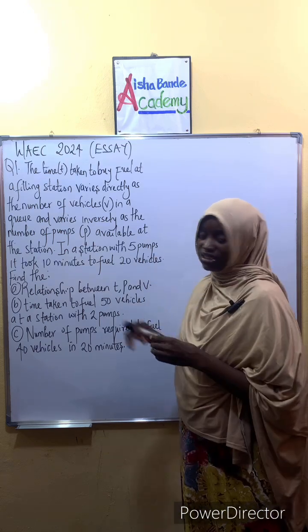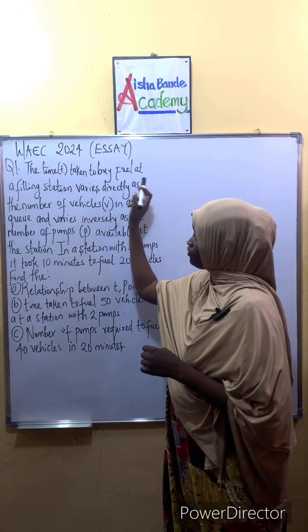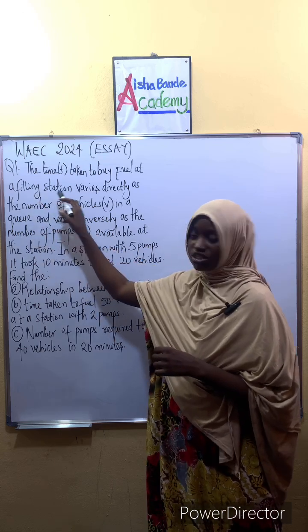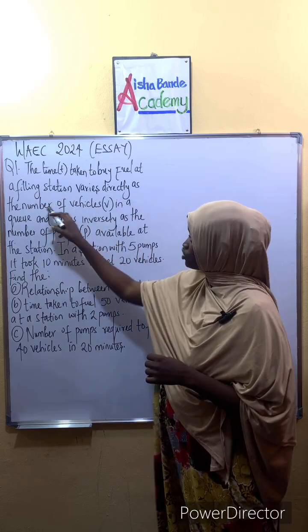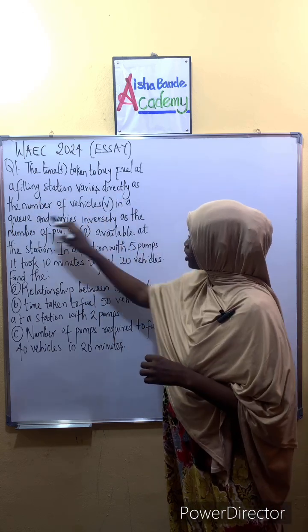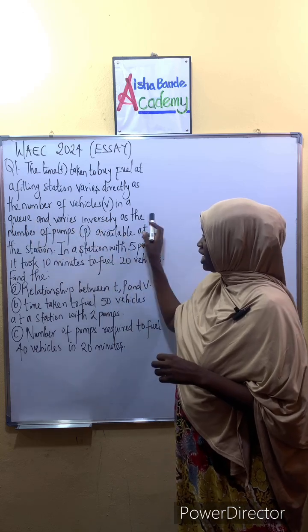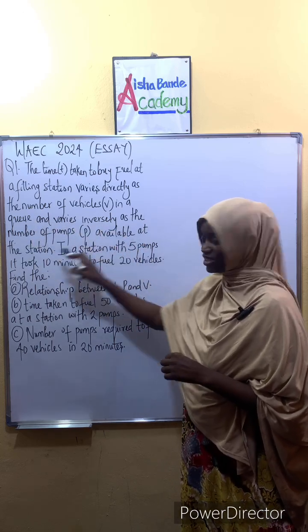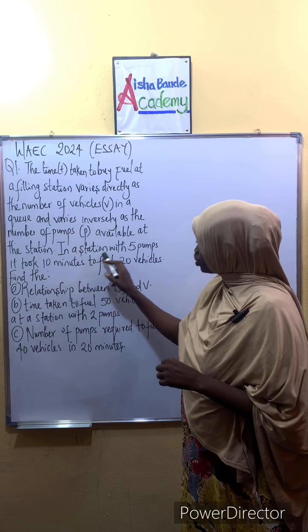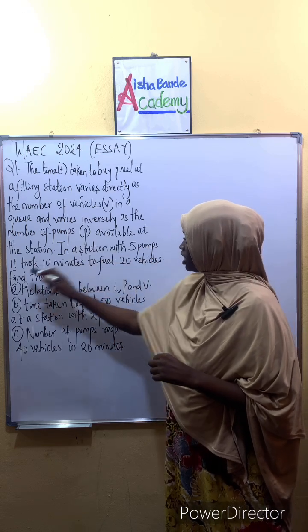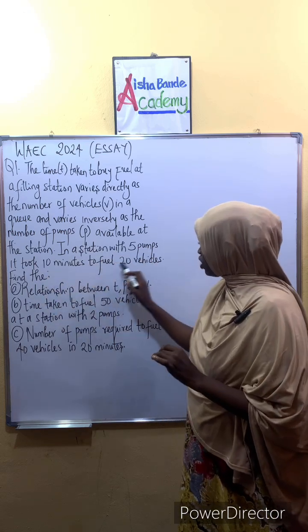Question one says the time T taken to buy fuel at a filling station varies directly as the number of vehicles in a queue and varies inversely as the number of pumps available at the station. In a station with 5 pumps, it took 10 minutes to fuel 20 vehicles.